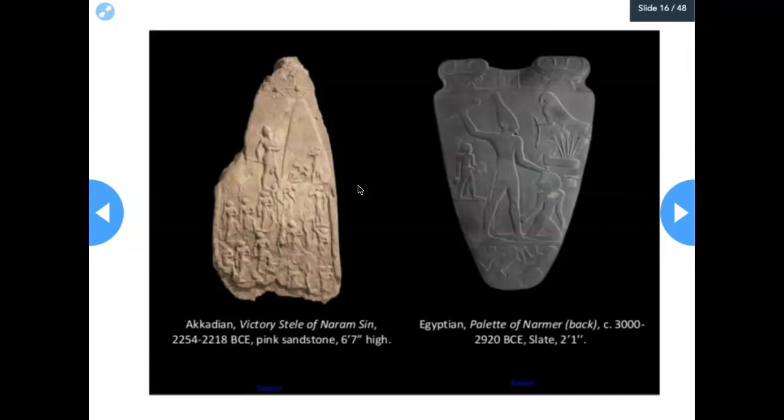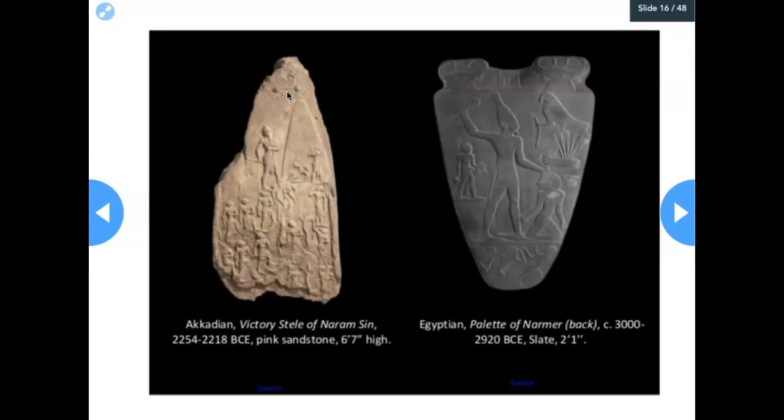And you can see here that Naram Sin is also shown much larger than everybody else in hieratic scale, the same thing as Narmer. Also, we see the two suns up here shining down on his military victory, and that is true of what you see on the right.